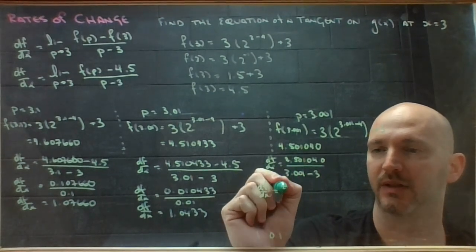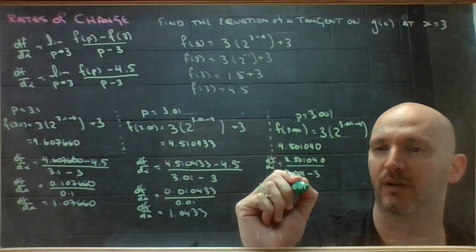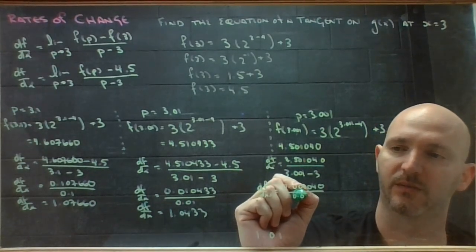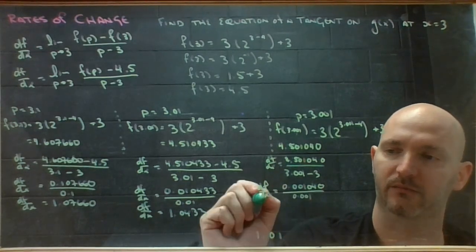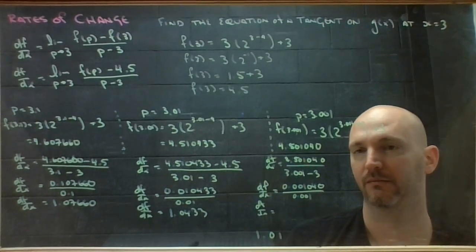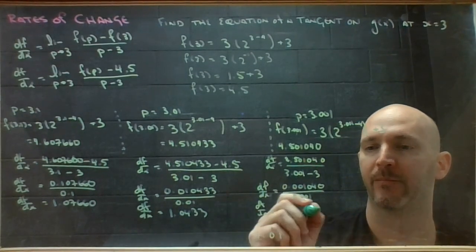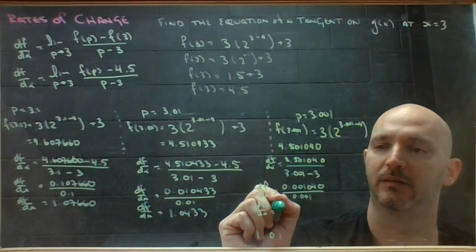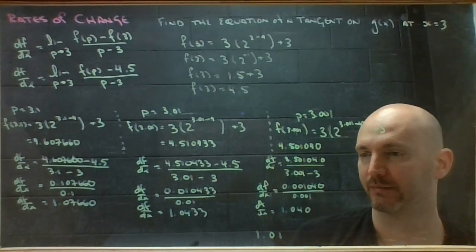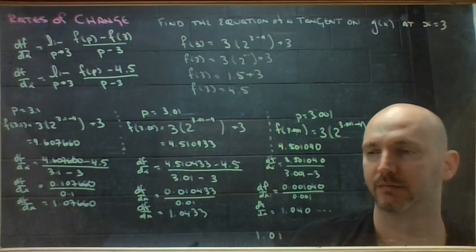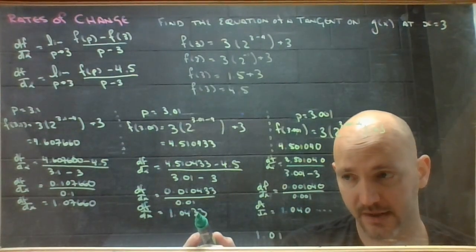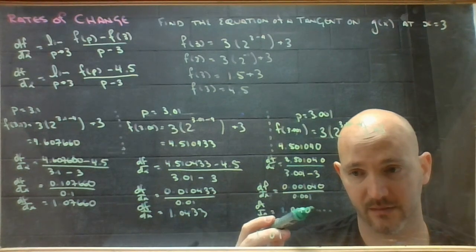This minus that would be 0.001040 over 0.001. And I end up with 1.040. So I didn't quite get to 1 here, but I did have all this stuff drop off. So this vanished.